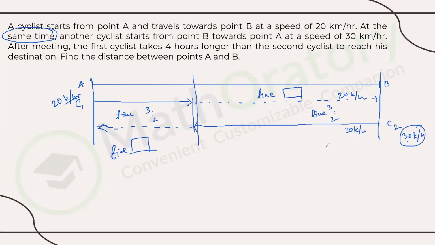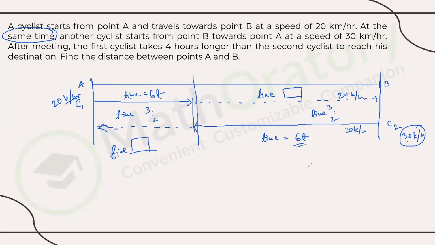Now, what I'm going to do is assume that the time for this segment is 60. Now, why am I doing that? Because whatever is the time here would be the time here. Remember, they started at the same time and reached this point at the same time. So whatever time cyclist 2 took to cover this segment, cyclist 1 took the same time to cover this segment.